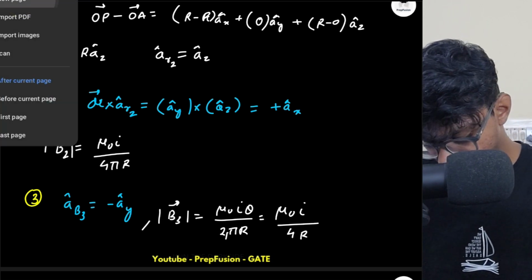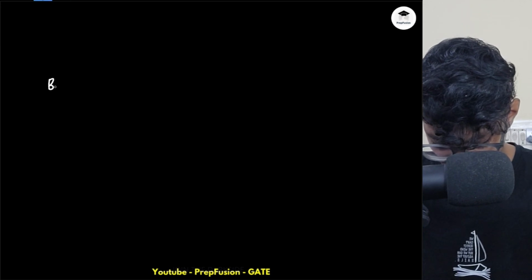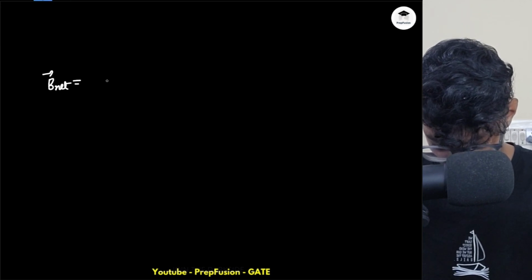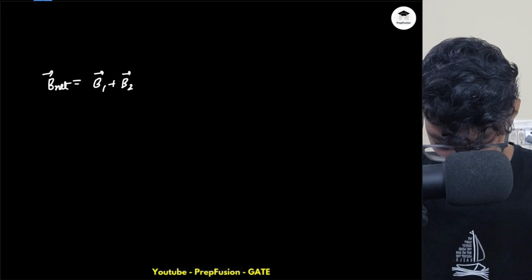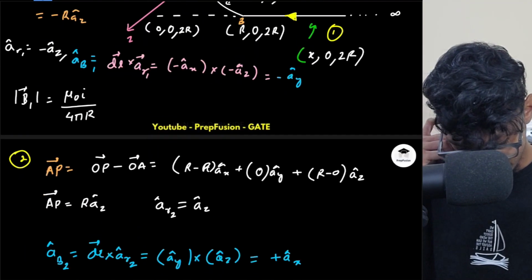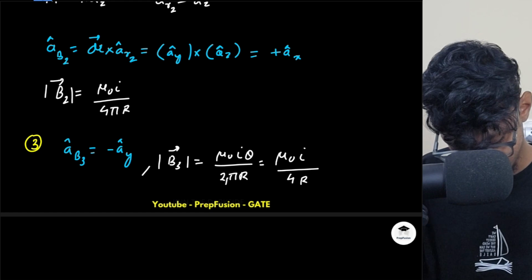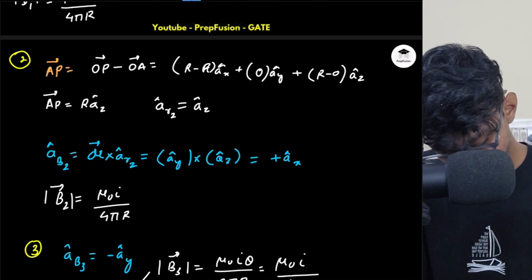Now I can sum all this and find the B net. It will be B1 plus B2 plus B3, the sum of all the three sections. For the first section, it is in the minus a_y cap direction. This is also in the minus a_y cap direction. So these two will get added simply.